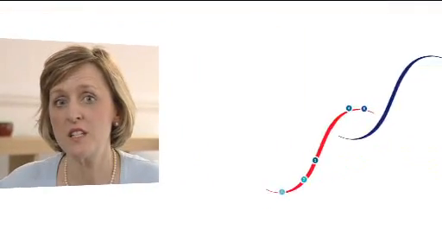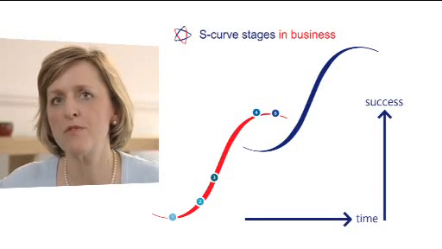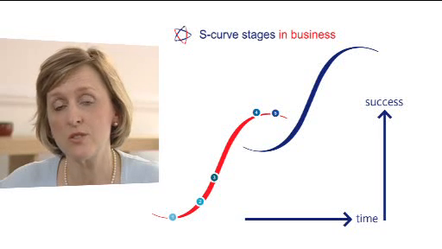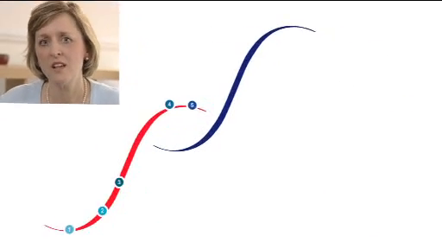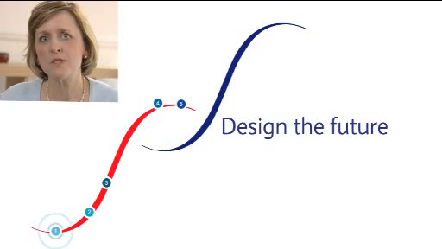The S-curve shape is one that people often in marketing are quite familiar with, as it's used to test product maturity. And I'm going to describe first how you can look at it to look at organisational maturity. The early stages of an S-curve, stage 1, are really about designing a new future for an organisation.